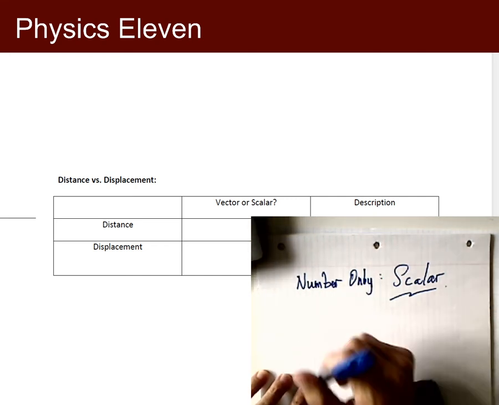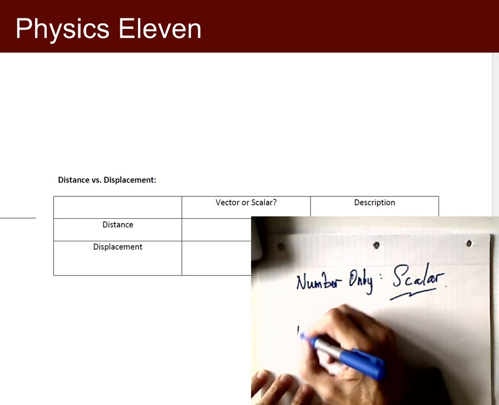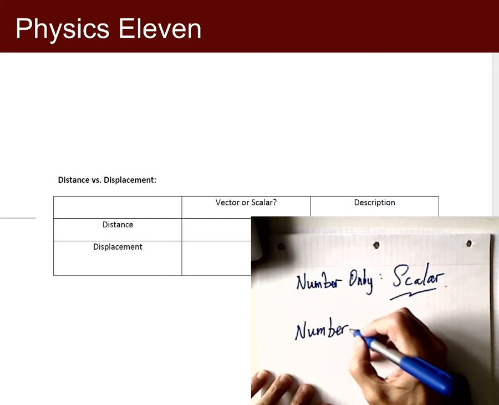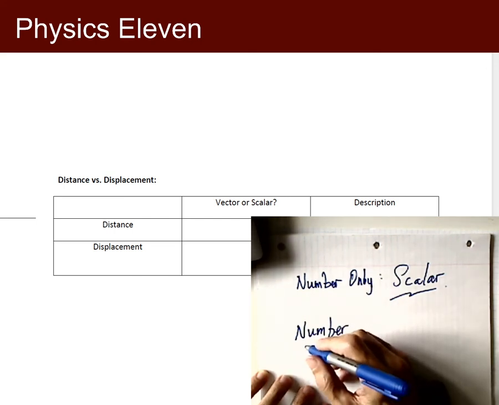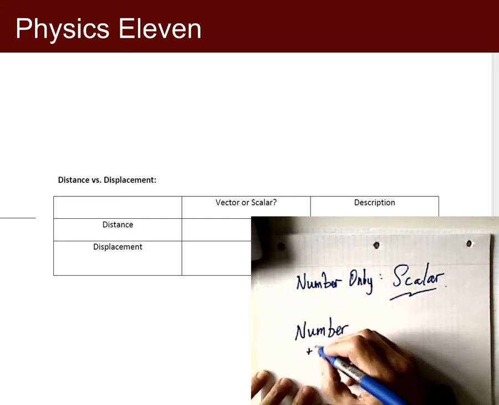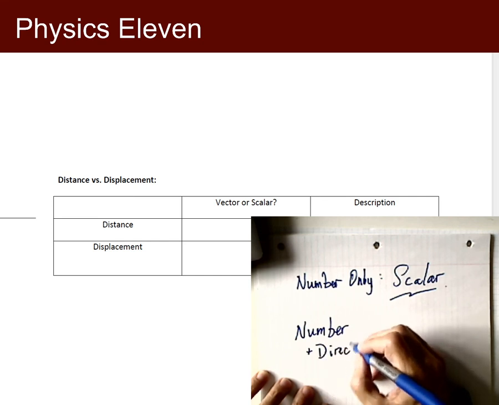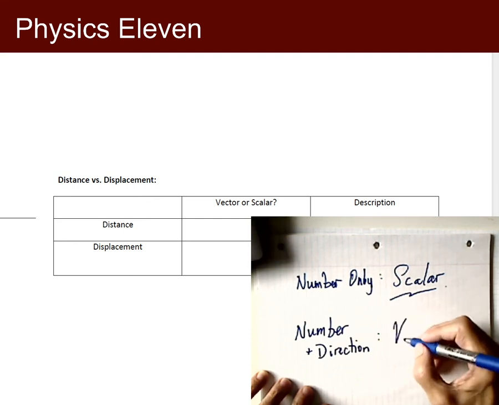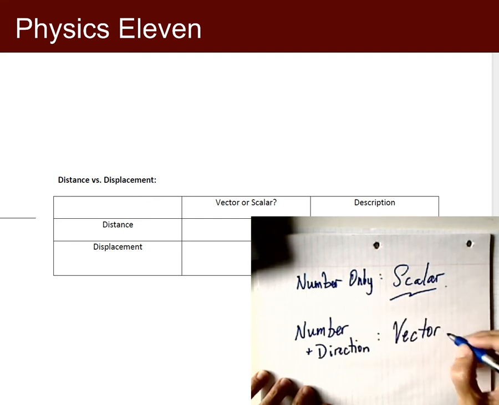But the displacement, because it has two bits of information, a number plus a direction, right? That's what a vector is.